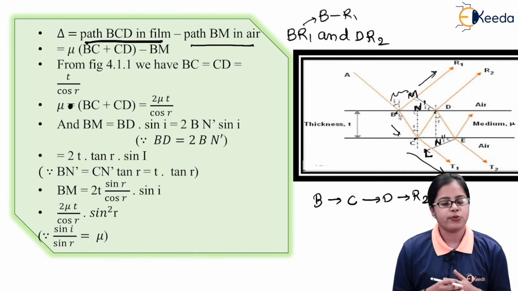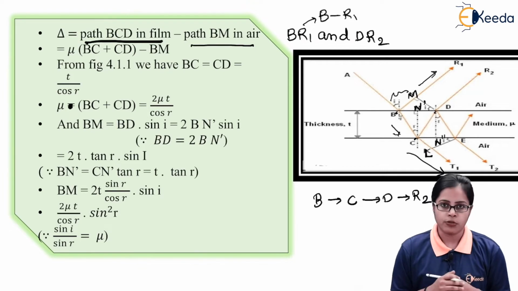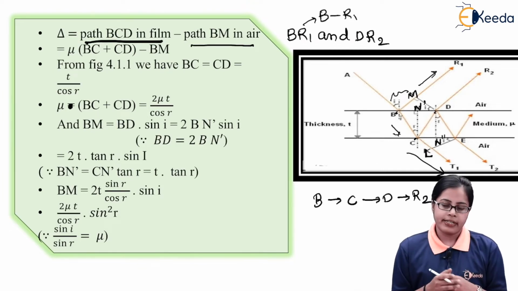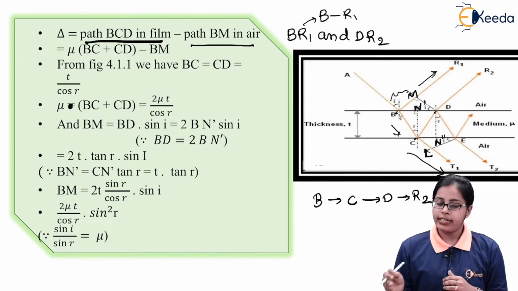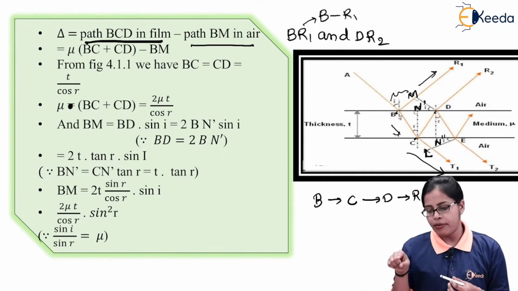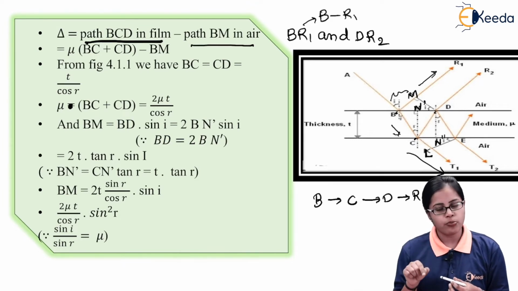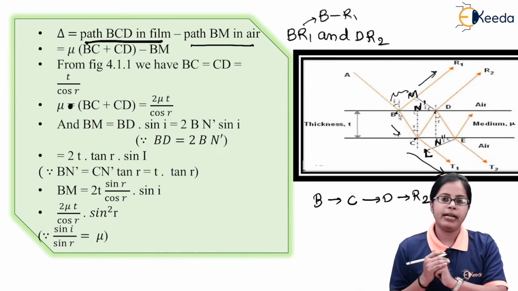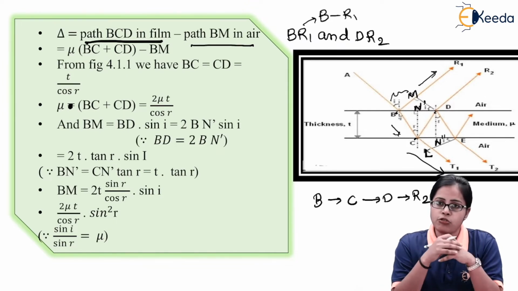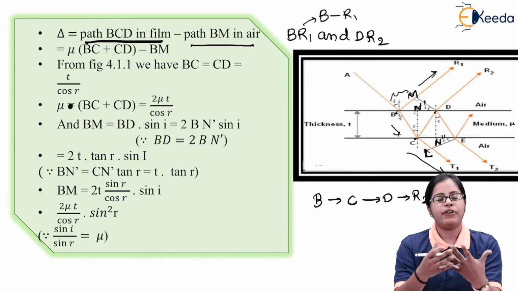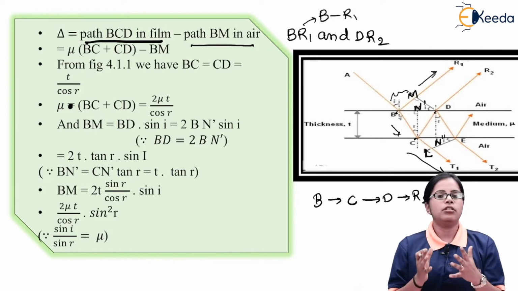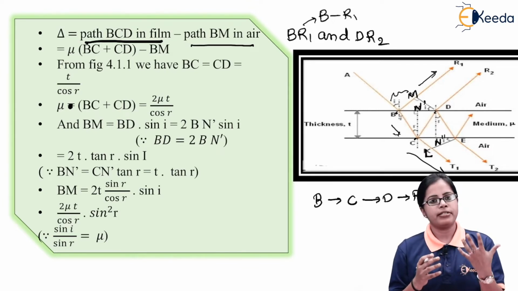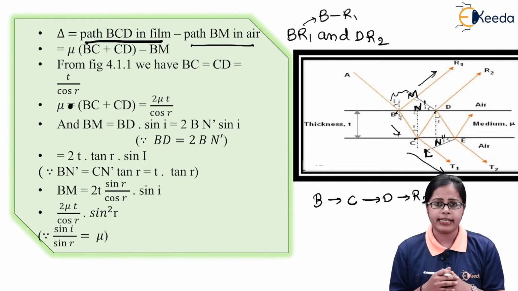So in this case, we are getting two rays, BR1 and the second ray DR2. The BR1 ray originates from the main source, that is A. When you look at DR2, it's coming from D, backtracing it to point C, again backtracing to point B, and ultimately the original source is again A. So whether I talk about BR1 or DR2, both rays are obtained from the same source or the same ray, that is AB.